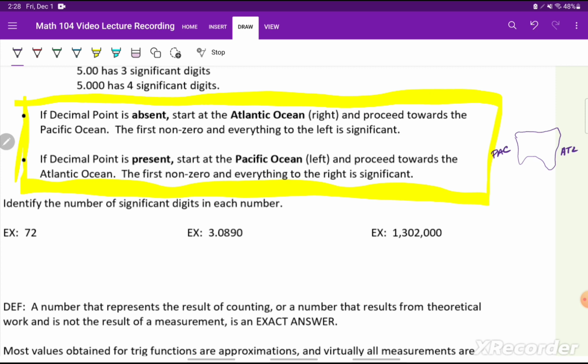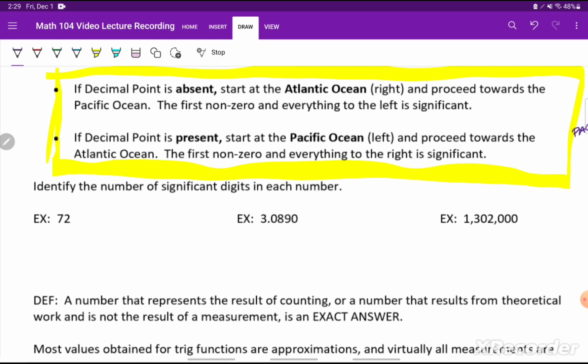If the decimal point is absent, we're going to start at the Atlantic Ocean on the right side of the number and proceed towards the Pacific Ocean, the left. The first non-zero number and everything to the left of that is significant. Now, if the decimal point is present, we're going to start at the Pacific Ocean, the left side, and proceed towards the Atlantic. The first non-zero digit and everything to the right is significant.